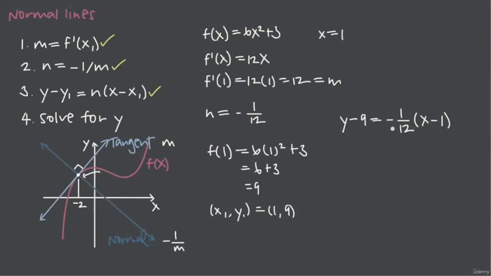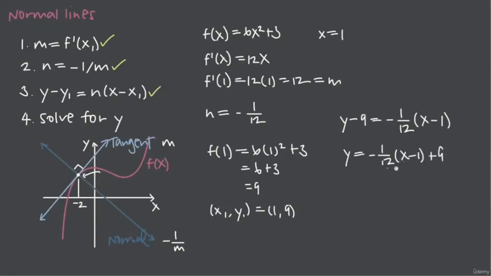We could leave it this way, but sometimes it can be really nice to put it into slope-intercept form, which we do by solving for y. So if we solve for y, we'll add 9 to both sides, and we'll get y is equal to negative 1 over 12 multiplied by x minus 1 plus 9.